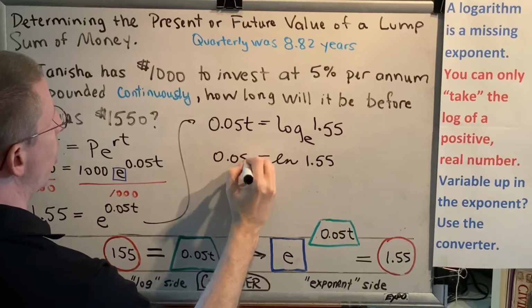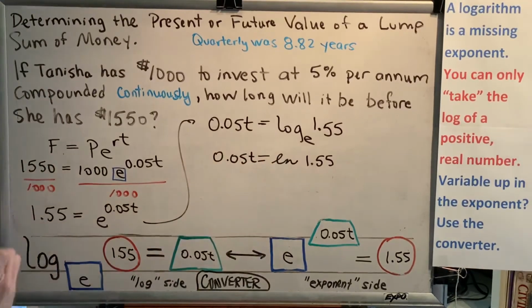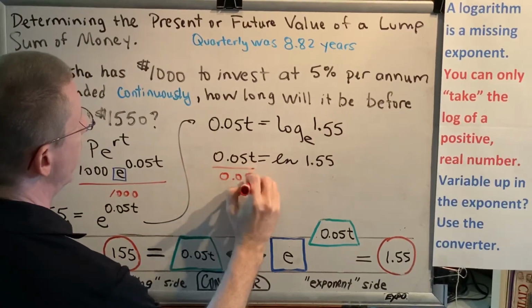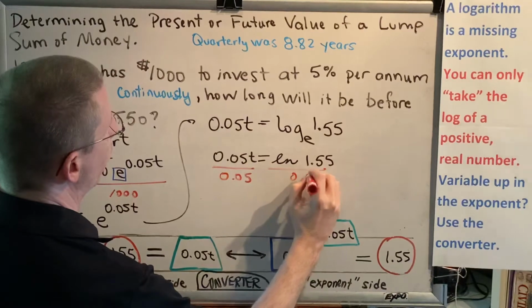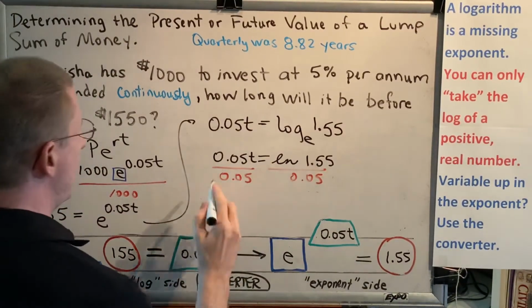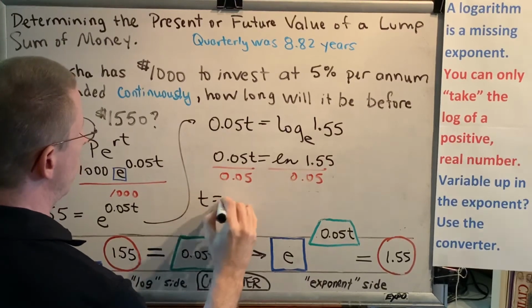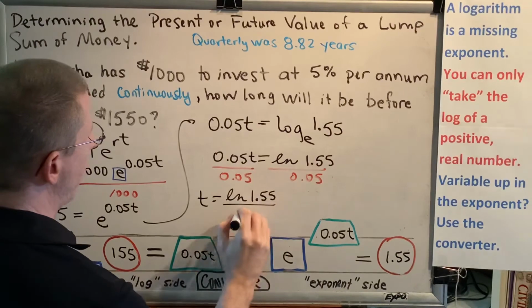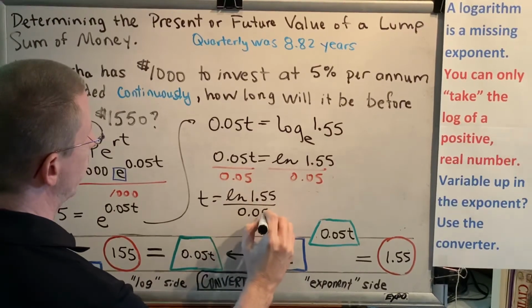And since I want to know what t equals, I note that the t is being multiplied by 0.05. So if I were to divide by 0.05 on both sides, then that will tell me the exact value of t. t is exactly equal to the natural log of 1.55 all divided by 0.05.